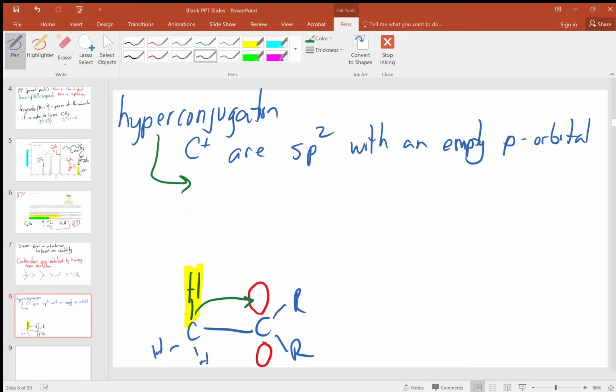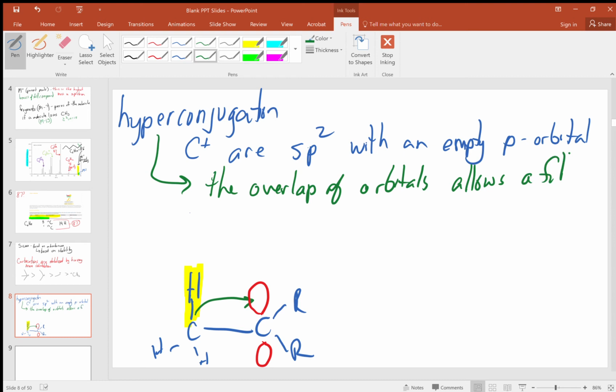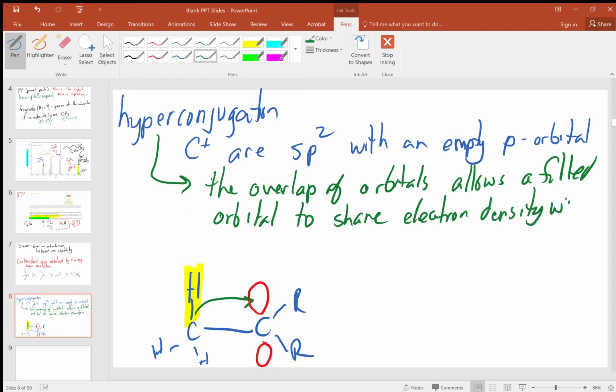So hyperconjugation is this effect that the overlap of orbitals allows a filled orbital to share electron density with an empty orbital.